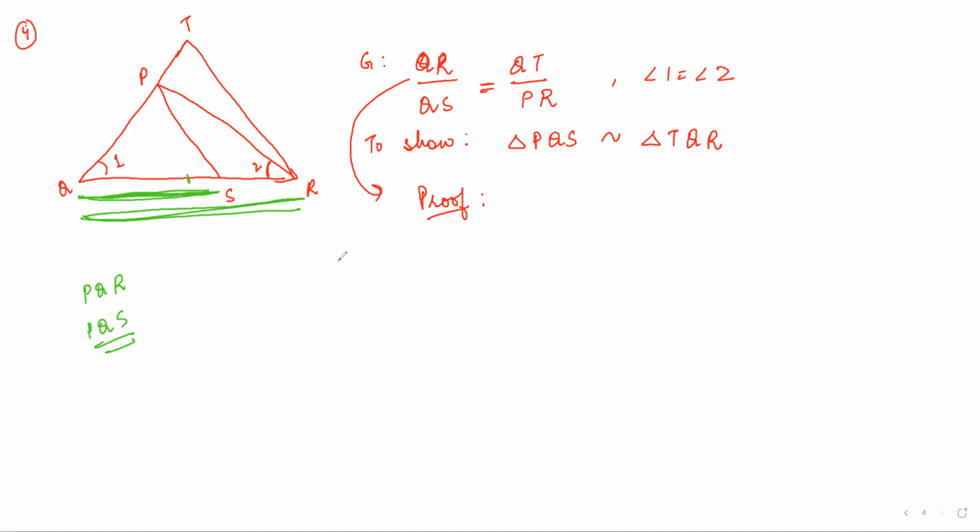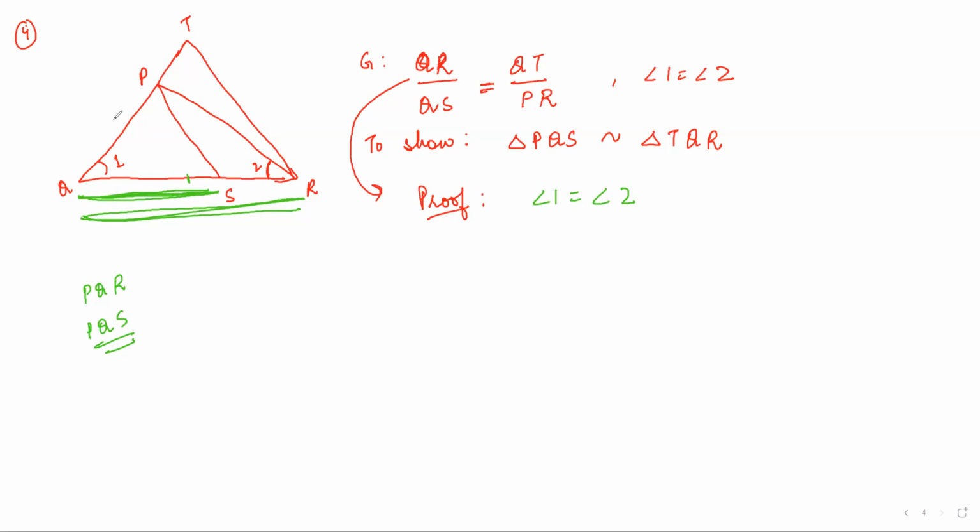So one angle is given equal, and we can do one thing here because angle 1 is equal to angle 2, right?